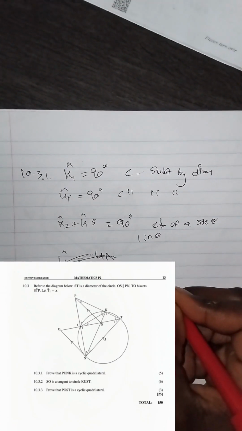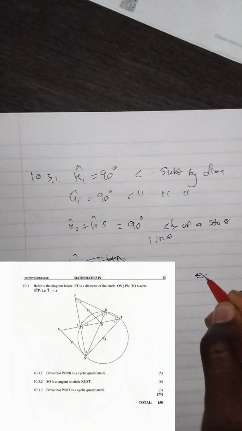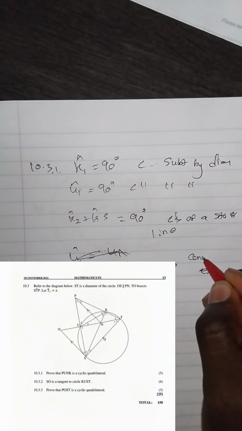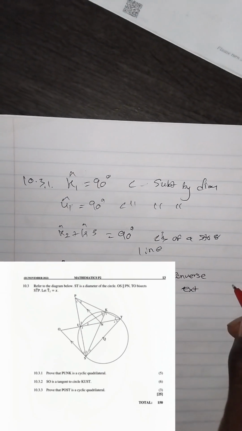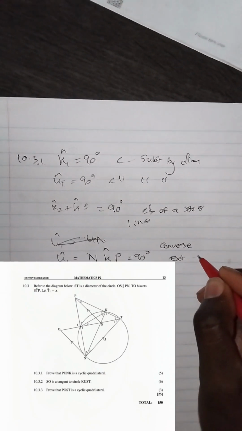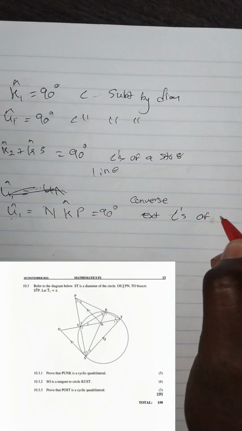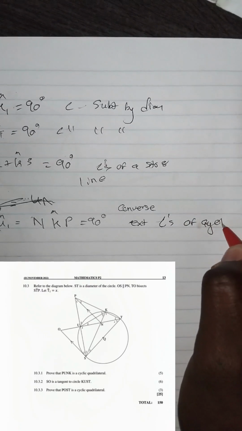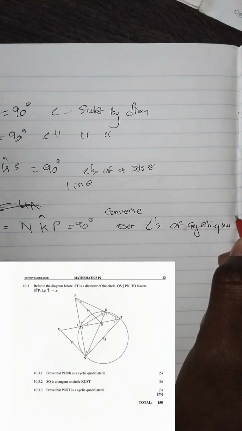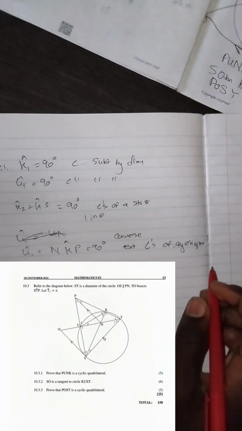They are both equal to 90. Converse, exterior angle of a cyclic quad. Yes, we have proven the first question.